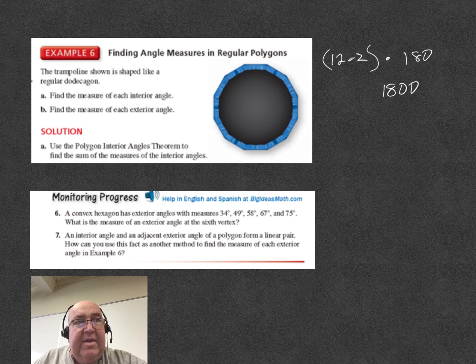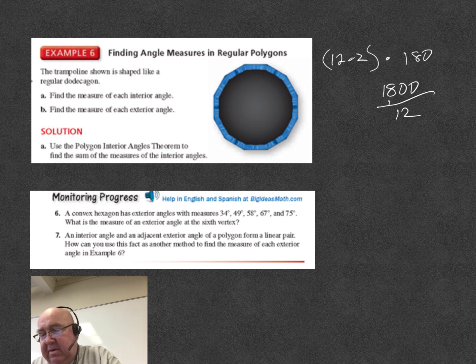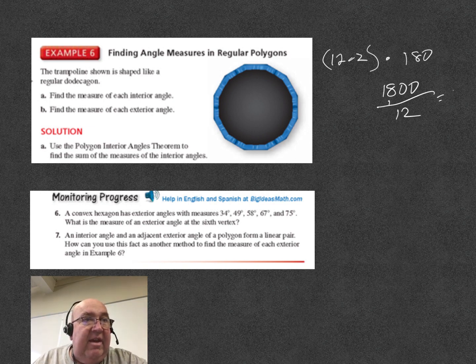So the measure of the interior angles is going to be that. And we're going to divide that by 12 because it's regular. Each angle inside is going to be 150 degrees.